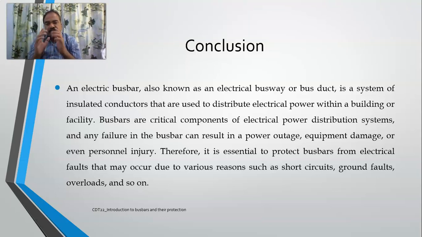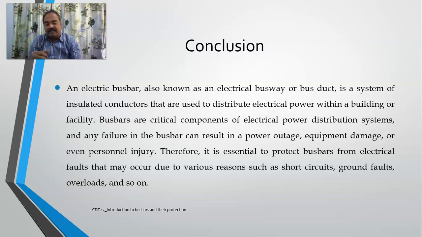That's why it is important to protect busbars from electrical faults such as short circuits, ground faults or overloads. So there is a need for busbar protection all the time. We started with what a busbar is, the materials used, why busbars, their advantages and limitations, and why we should provide protection for busbars.